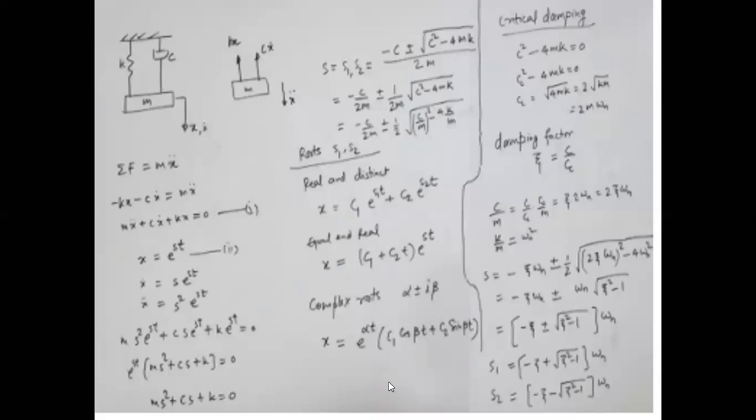I am giving you the next 2-3 minutes so that you can complete this exercise of writing down all the equations. Please write down all the equations one by one. Try to understand everything that is explained.